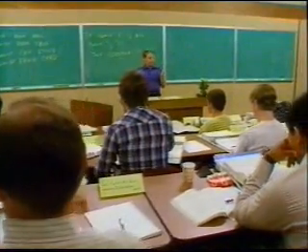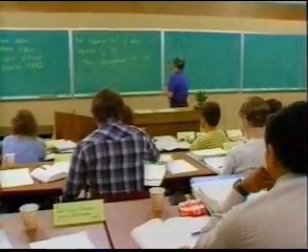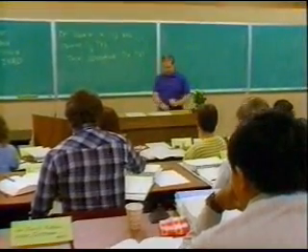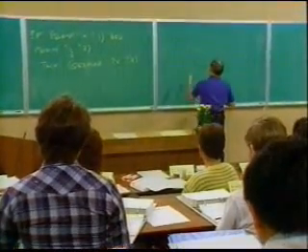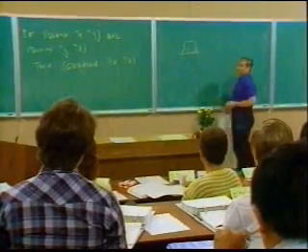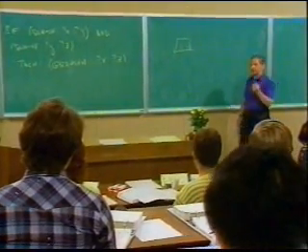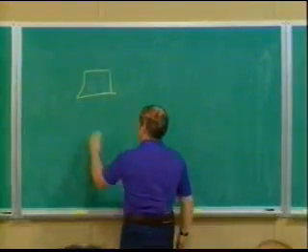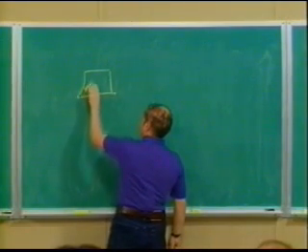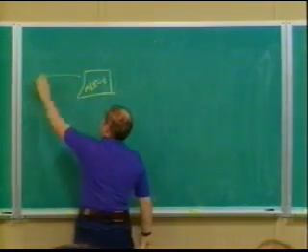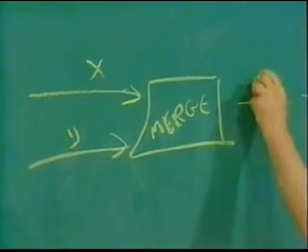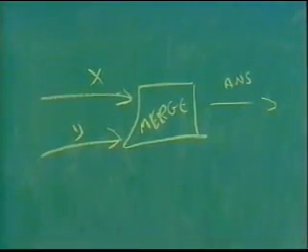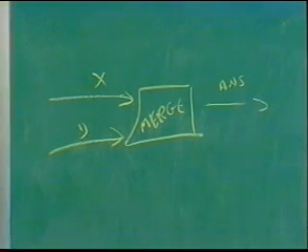And notice a big difference. The procedure looked like this. All the things we've been doing have the characteristic that we have boxes and things going in and things going out. There was this box called merge, and in came an X and a Y, and out came an answer. That's the character of the procedure that we wrote.